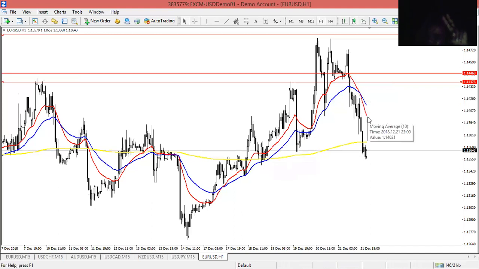Then the third one is when the red now comes to cross back the blue. That is when you now start thinking of when should I enter. I hope you get that. It's very important, because don't forget we are riding the trend.